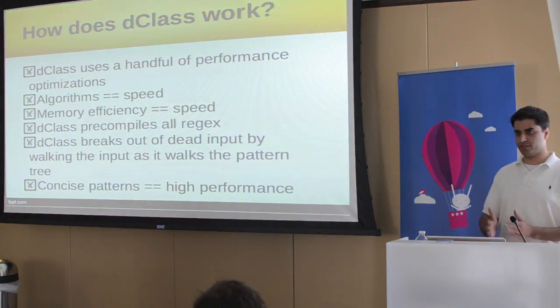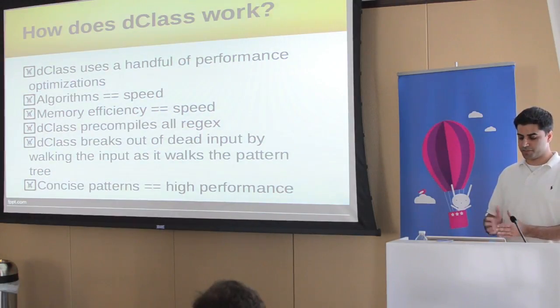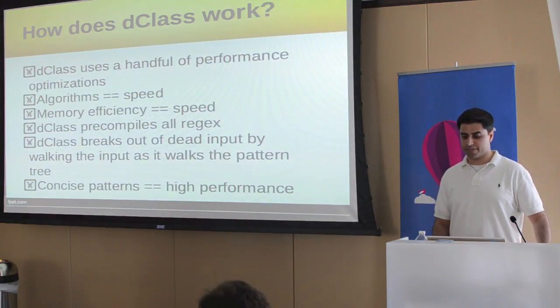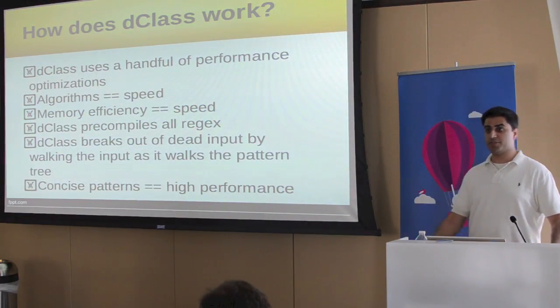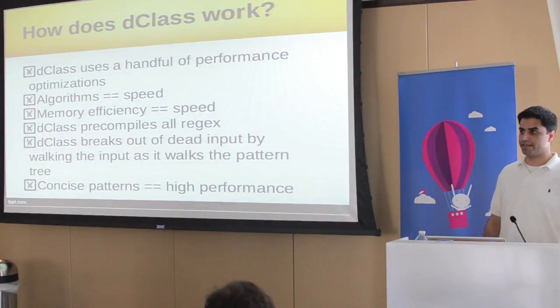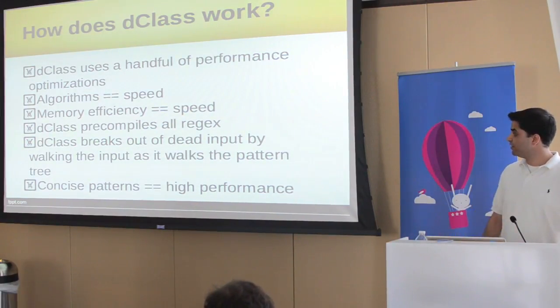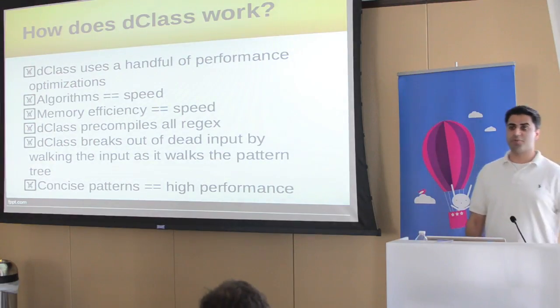Because it's walking these two structures in lockstep, it just knows that this is not a viable pattern. Move on, move on, move on. So in the device detection domain, it's very efficient. It's only looking at about a quarter of that string, and it's doing very few memory lookups to deduce what it's looking at. That goes to my final point: concise patterns, high performance.